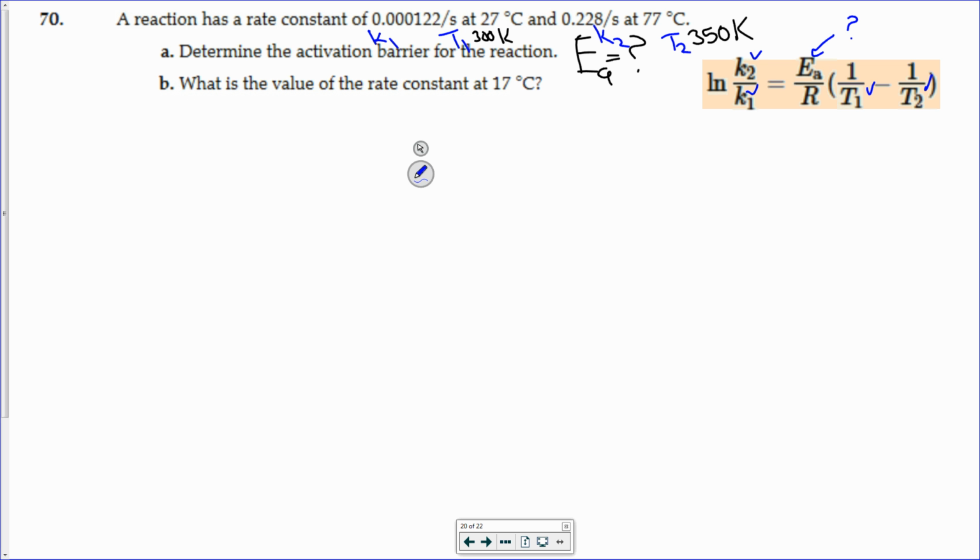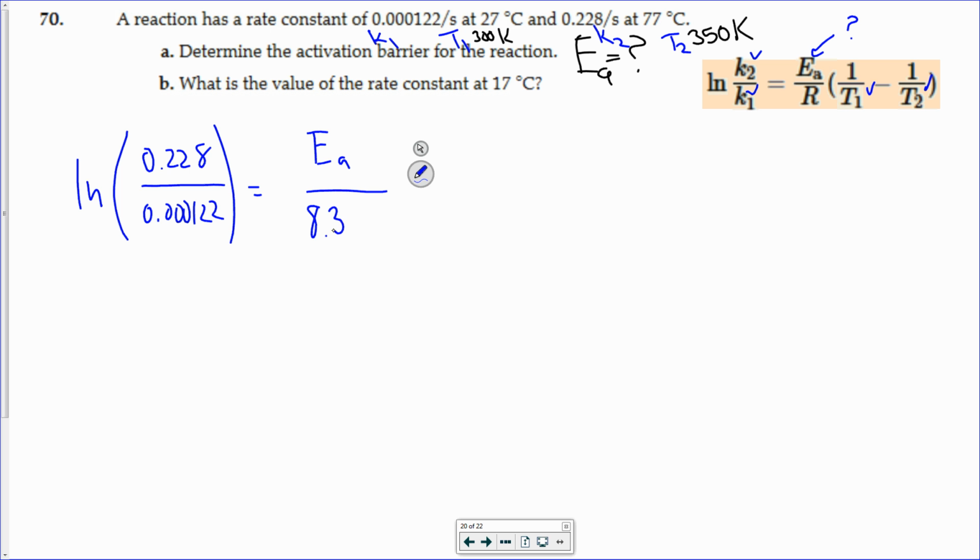The only thing I need to do is solve that equation for E sub A. Okay, so let's just crank through it. All right, so K2 is 0.228 divided by K1, equals E sub A over R, which is 8.314 joules per mole Kelvin, times the inverse of T1, so 1 over 300 less 1 over 350.